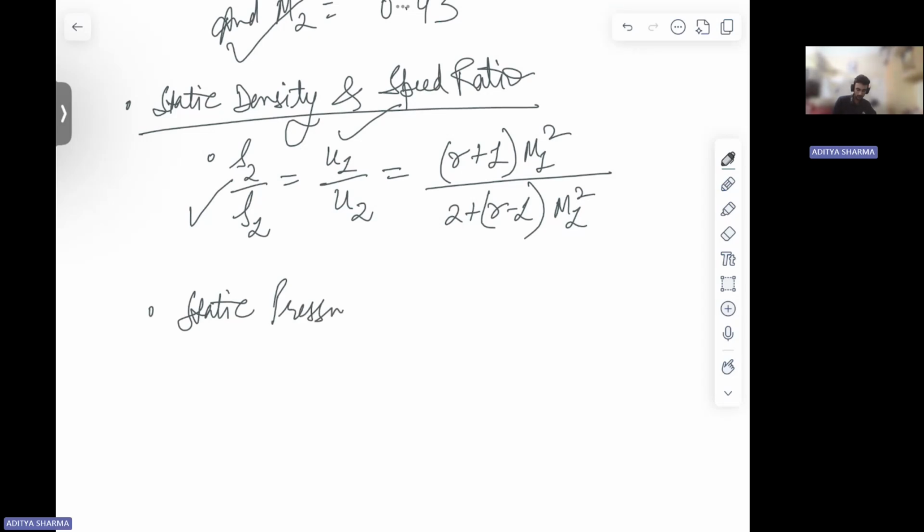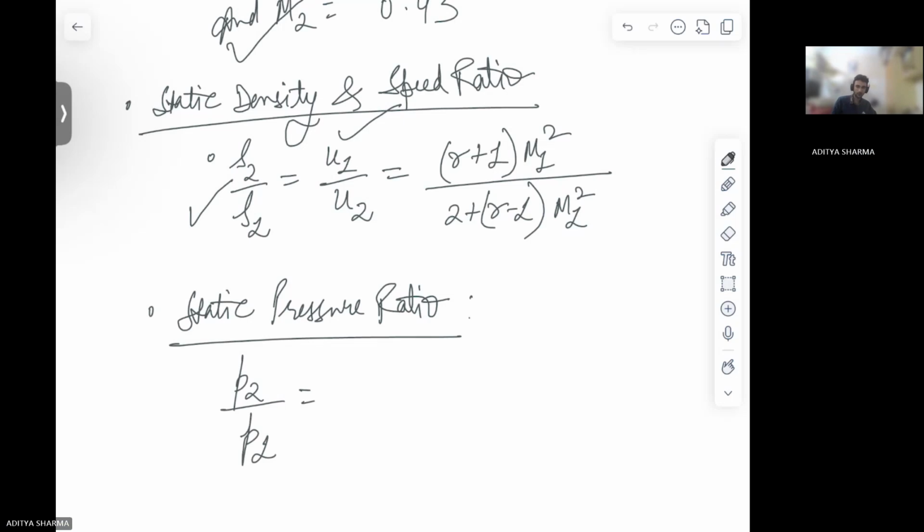The static pressure ratio is there. So this is P2 by P1, which is equal to this.